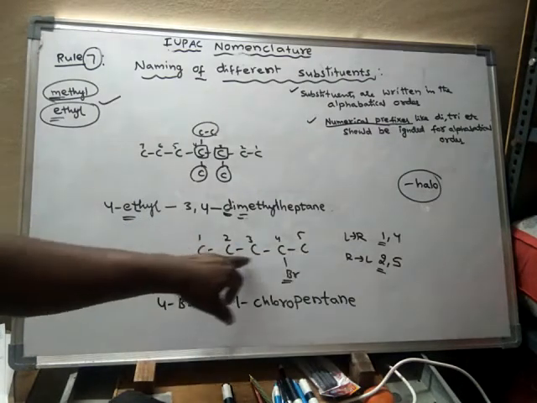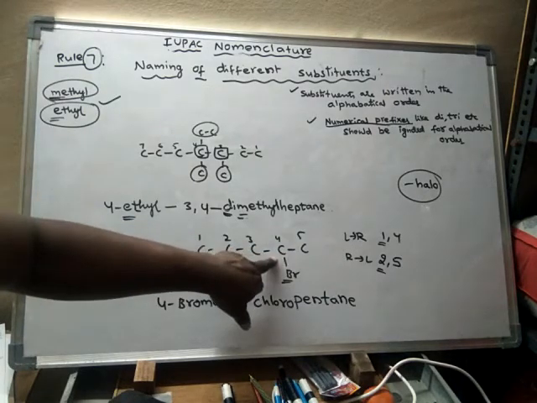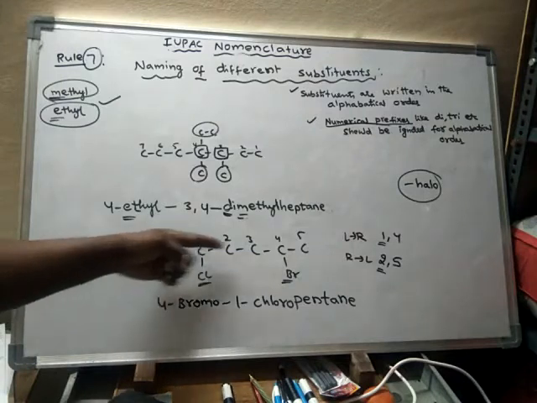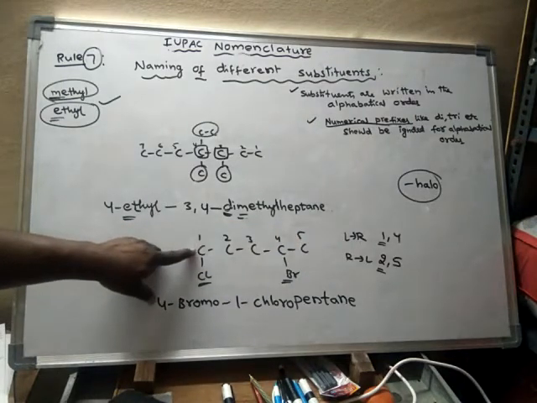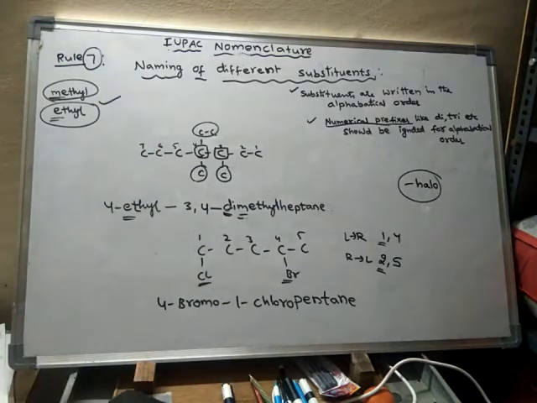If you see in this direction, this will be the first substituent and it will get number 2. But if you go in this direction, this will be the first substituent, so it will get number 1. Hence the first substituent should always get the lowest numbering. So in this direction we have given numbering.